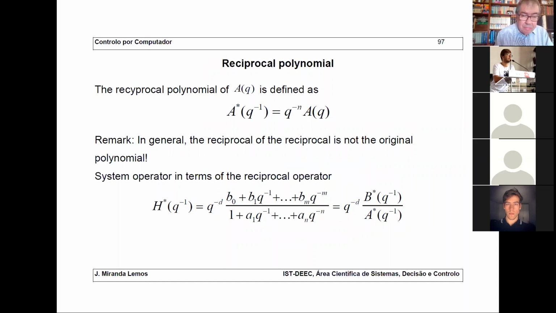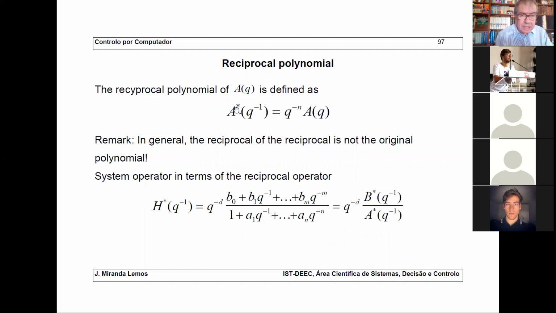There is a relationship between both representations. And this representation comes from that. For a general polynomial, I define the reciprocal polynomial of A of q as A of q filtered or delayed by n. So q to the minus n times A of q.